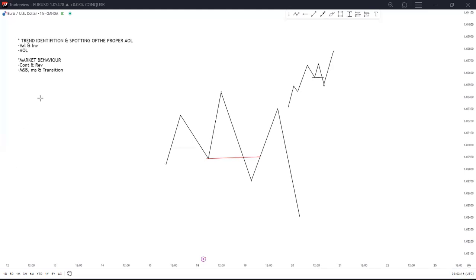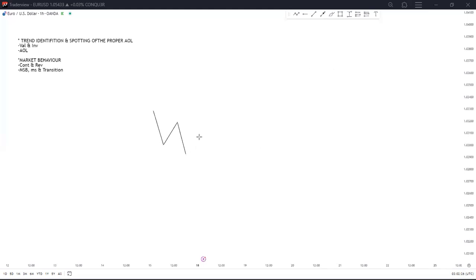So for the shift, we expect the market to break below the invalidation point for the uptrend, but for the downtrend, we expect the market to break above the invalidation point. And after breaking above the invalidation point, we must see the market confirm that shift by forming the new area of liquidity.